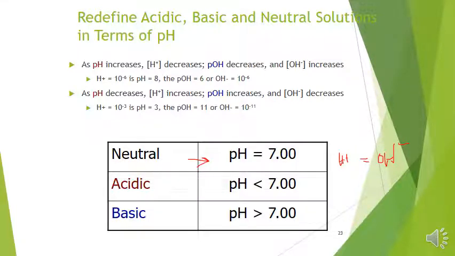If the pH is less than 7, that means there's more acid. For example, if you have 10 to the minus 3 acid, it will be 10 to the minus 11th base. This would have a pH of 3, and you can see that this number is bigger than this number. And if you have a pH greater than 7, it's basic.